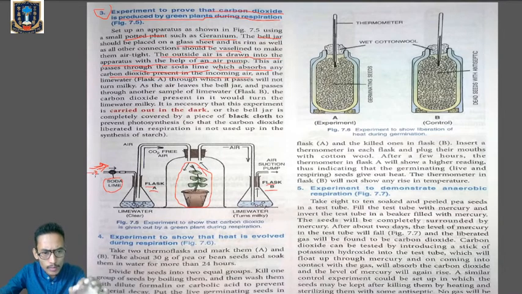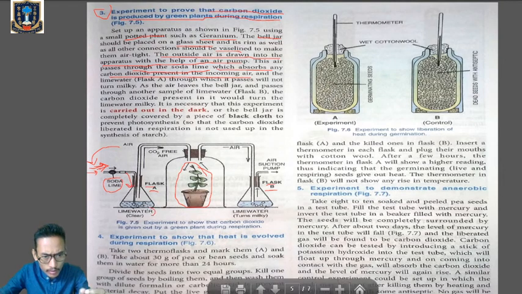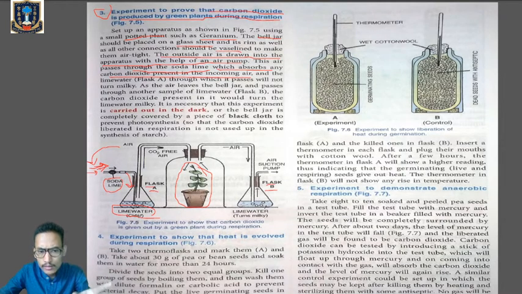Whatever amount of carbon dioxide is present in this air will be absorbed by the soda lime, so that the incoming air into flask A will be free of carbon dioxide. Now flask A contains lime water, and in the absence of carbon dioxide, it does not turn milky.